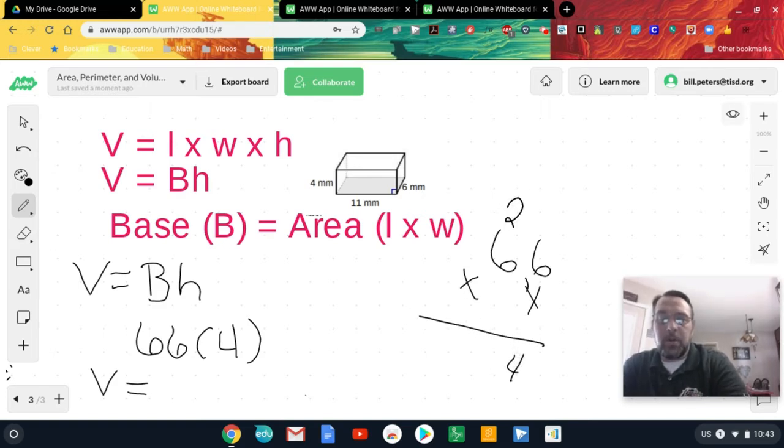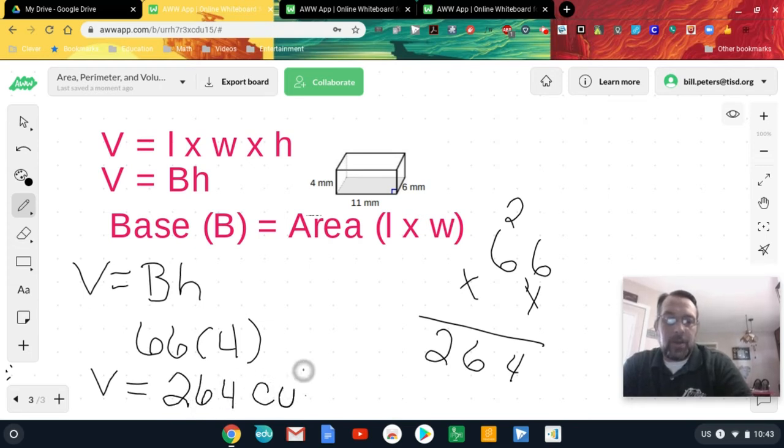Carry my 2. 4 times 6 is 24, plus 2 is 26. So my volume is 264 cubic millimeters.